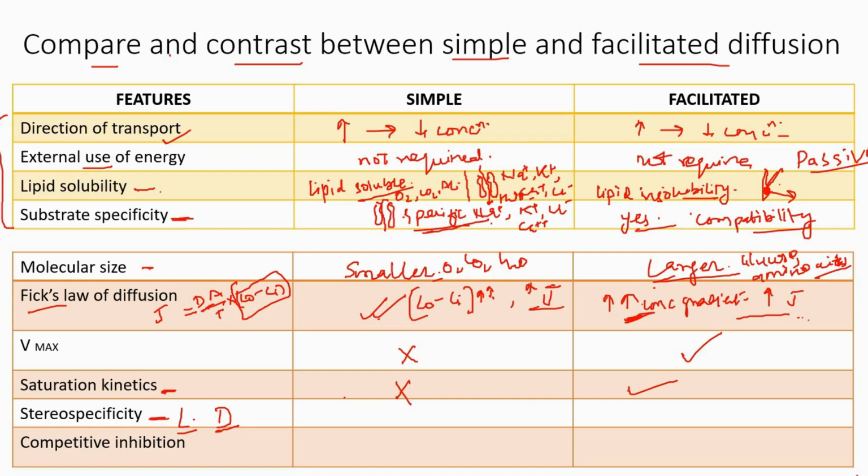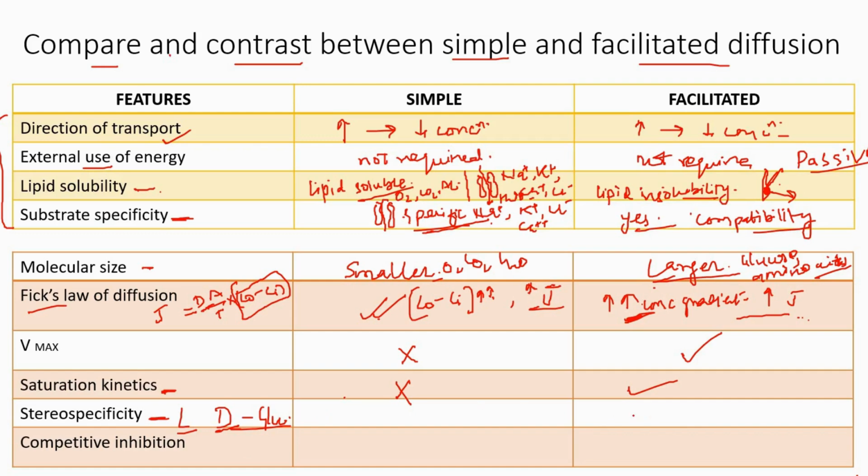So for example, we have L glucose and D glucose, right? And stereospecificity means the substance is binding with a particular type of isomer, not with the other.